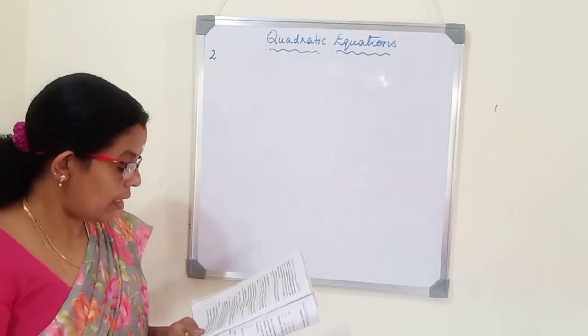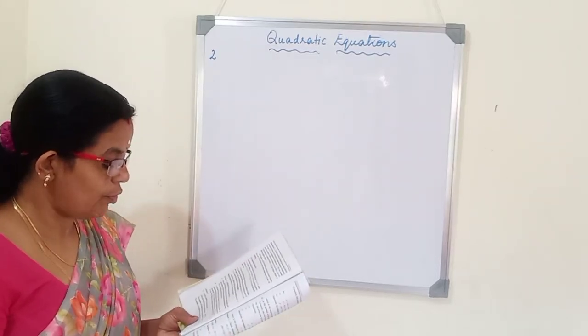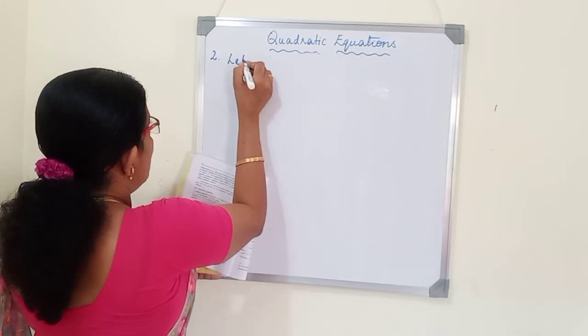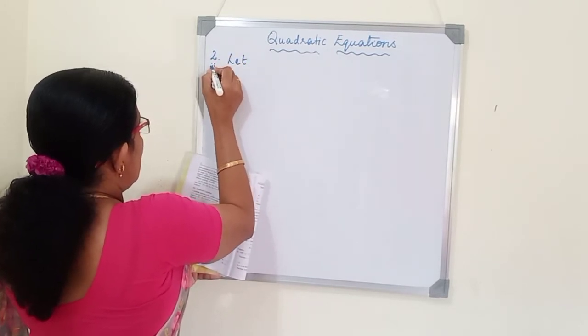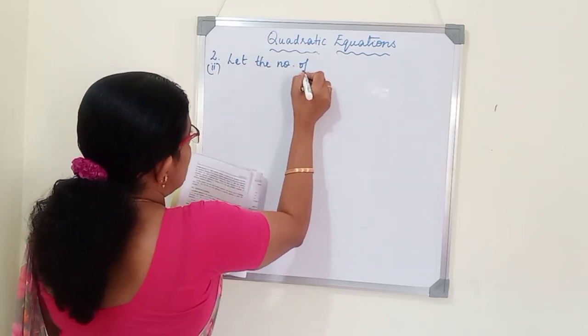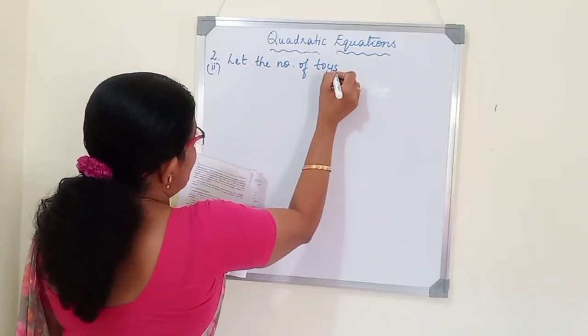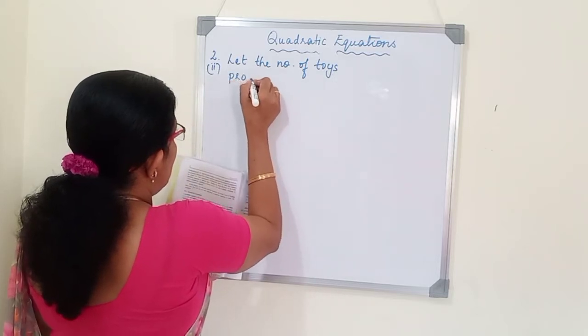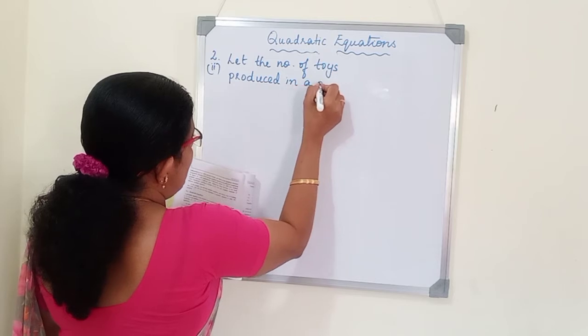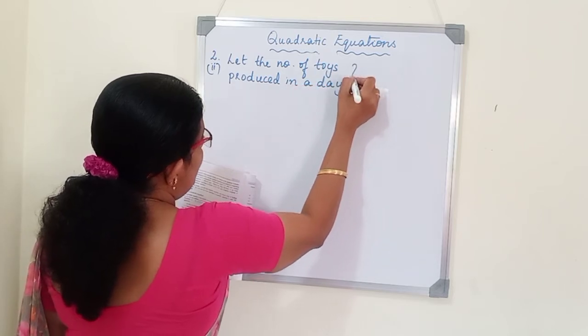A cottage industry produced a certain number of toys in a day. So we will write, let the number of toys produced in a day be x.